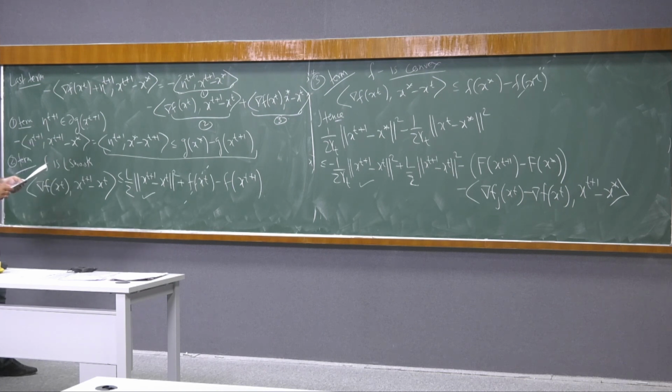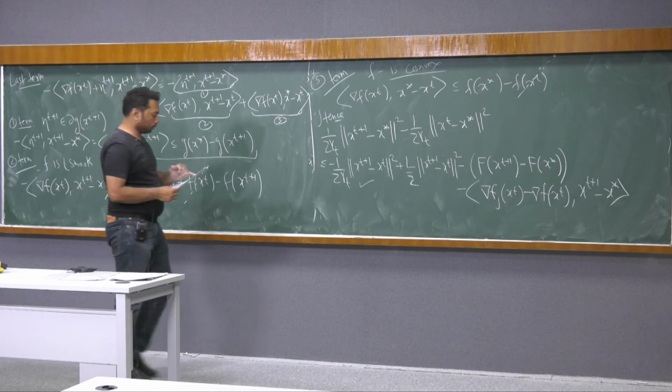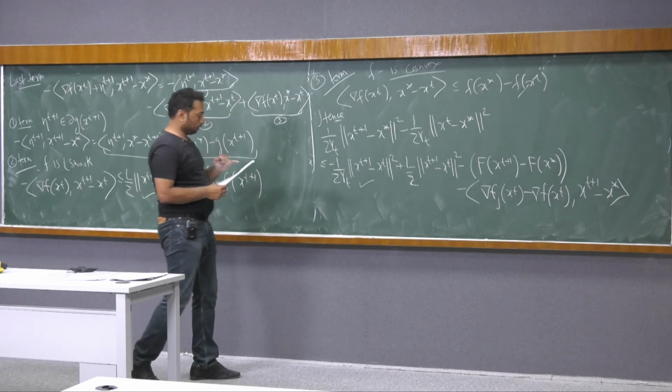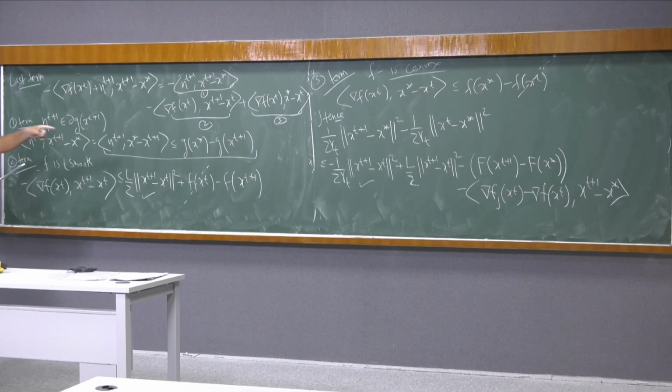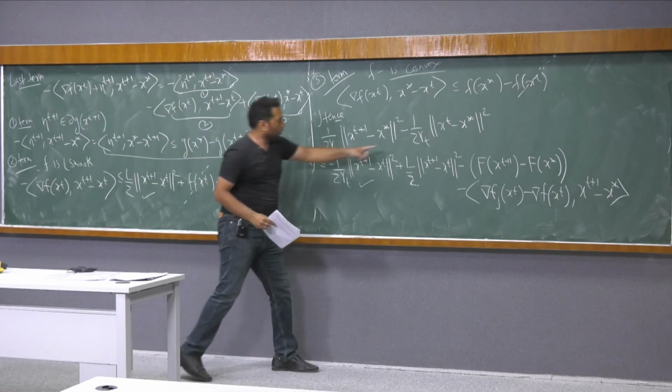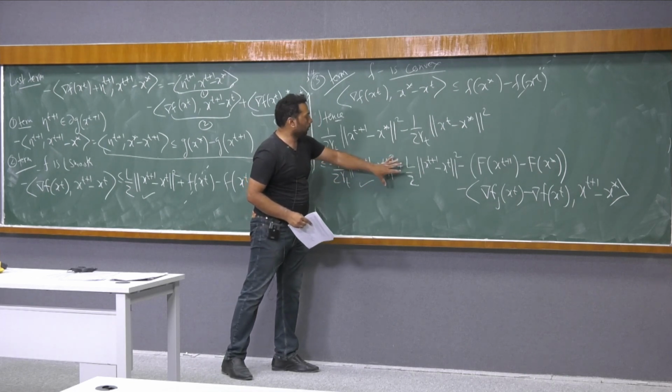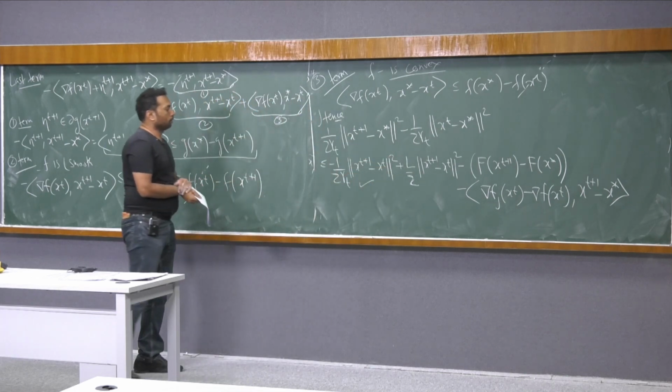You have to trust me. Then I believe we will drop the term with the L. It seems like overall this is negative, so if I drop it, I still remain an upper bound. Why should it be negative?